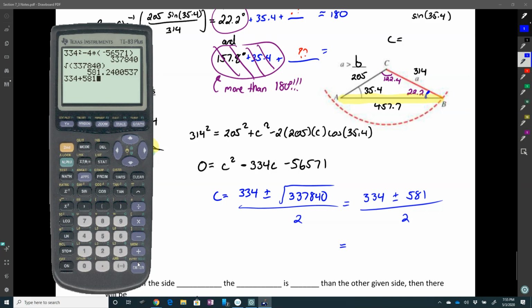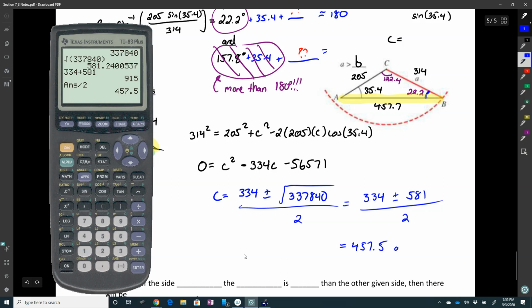Plus 581 over 2, and that's 457.5. Here, 457.7. So very close. And the other one is 334 minus 581 divided by 2, which is negative 123.5.